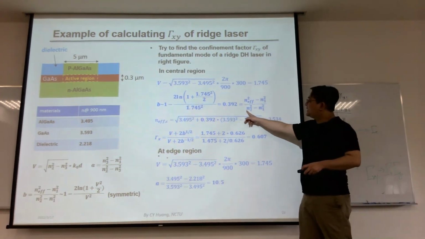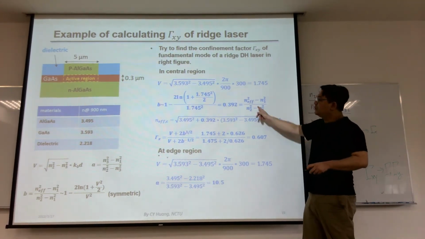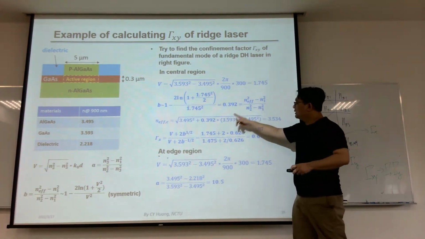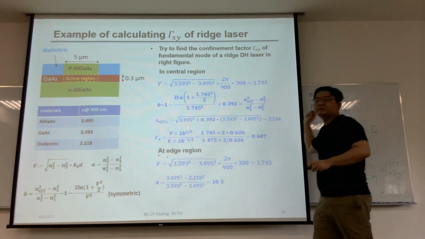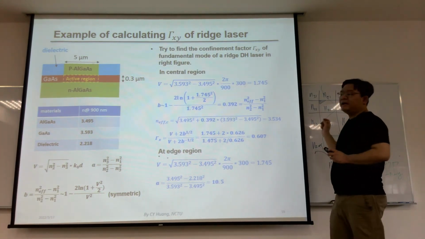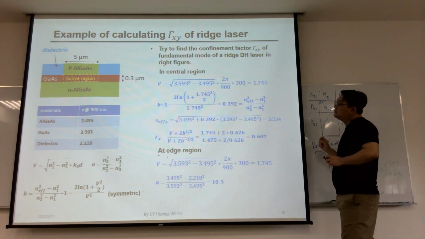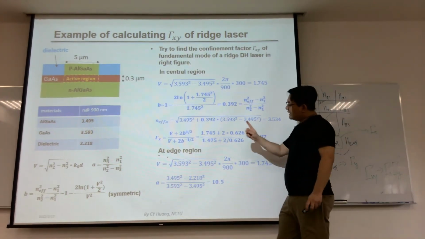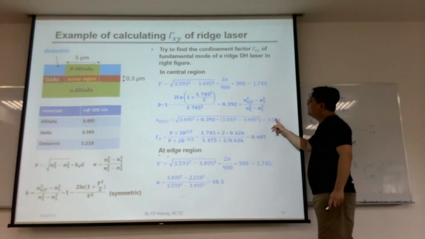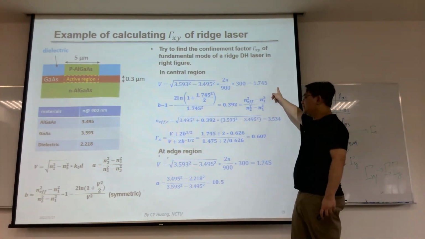So the effective index in the central region is just put it to this side and approximate one squared and take the square root. Alright, so it turns out 3.534. Okay, so we get its gamma by substituting the b here and the b here.